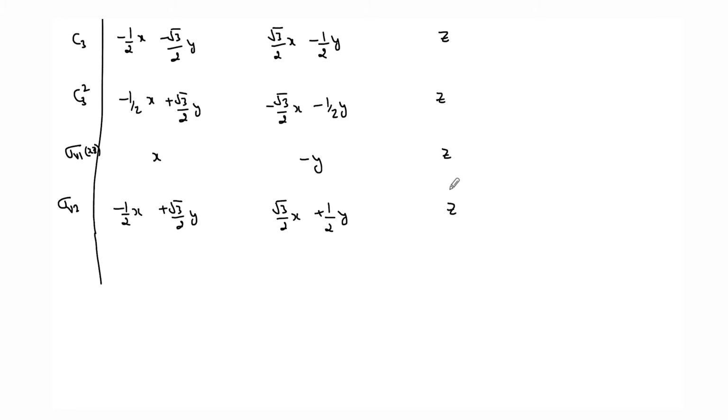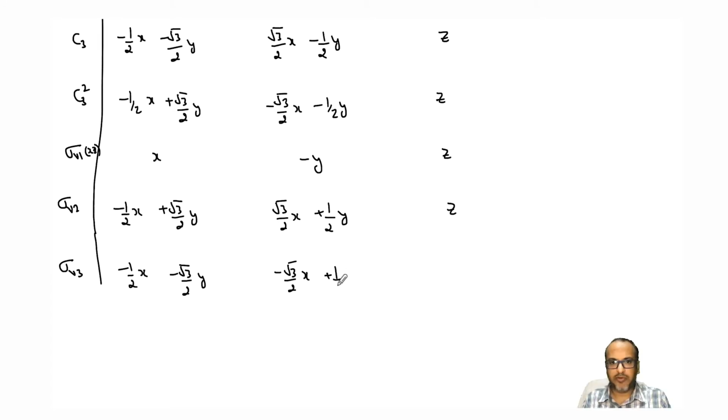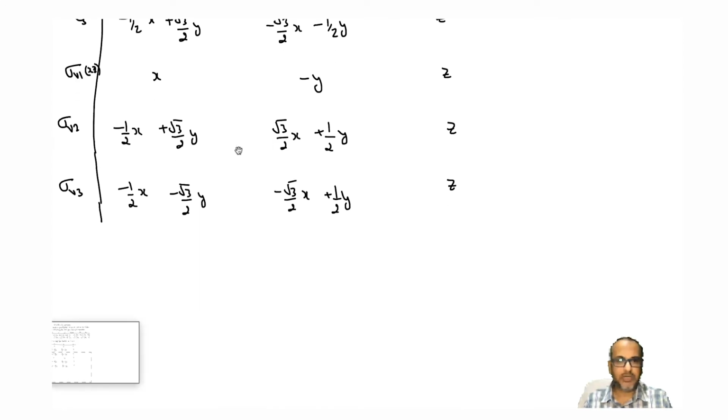All the planes are along the z-axis, so nothing changes there. Sigma v3: minus half x minus root 3 by 2 y, minus root 3 by 2 x plus half y, and z, right?